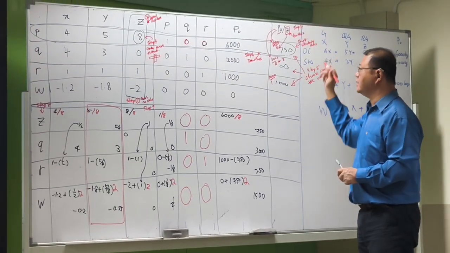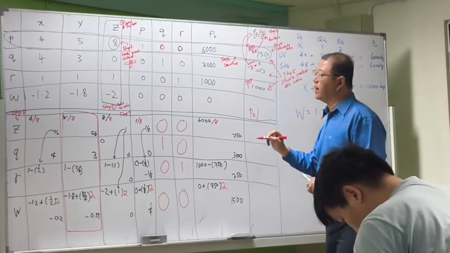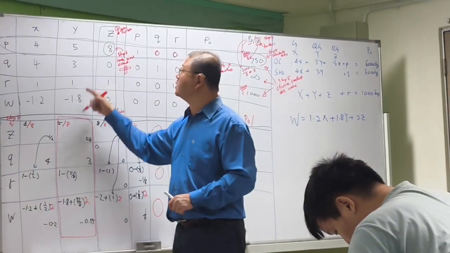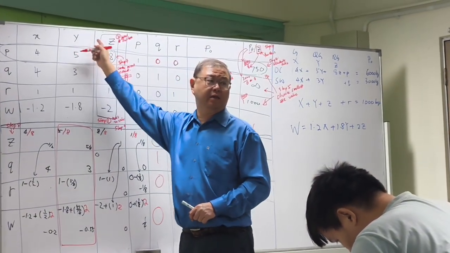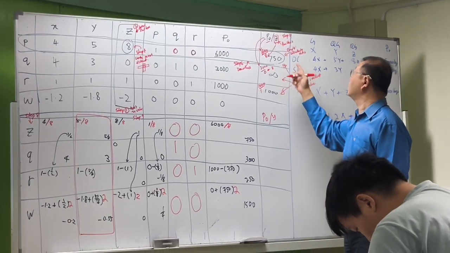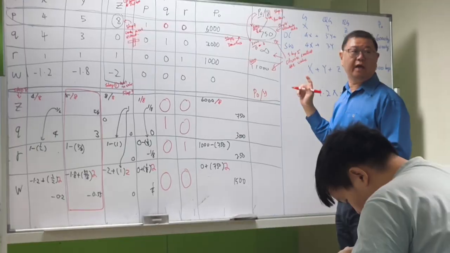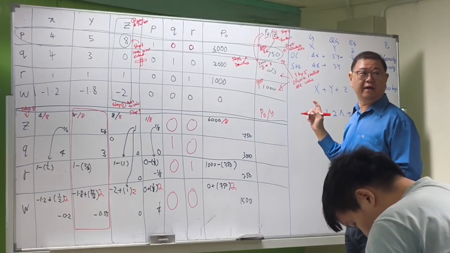Step number 3. So now you need to calculate P naught over Y. Going over again.